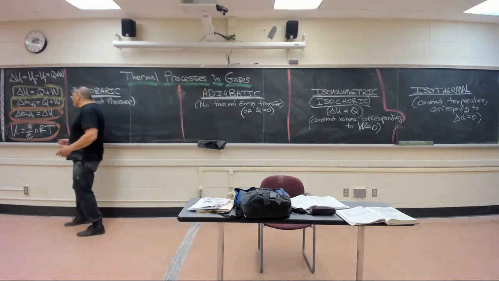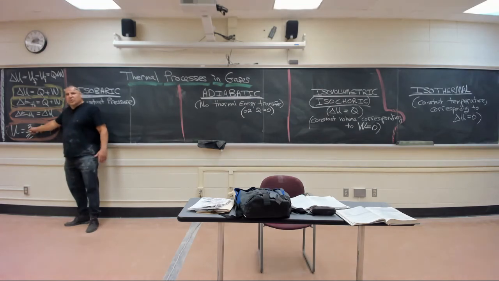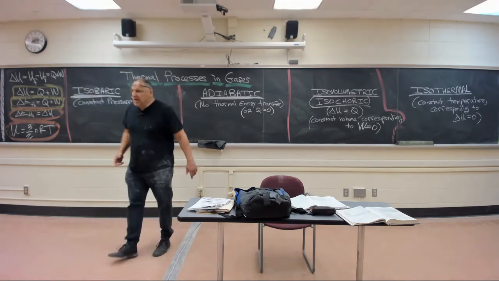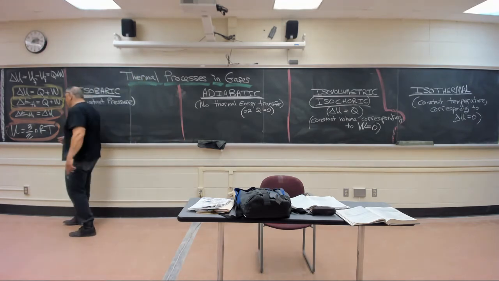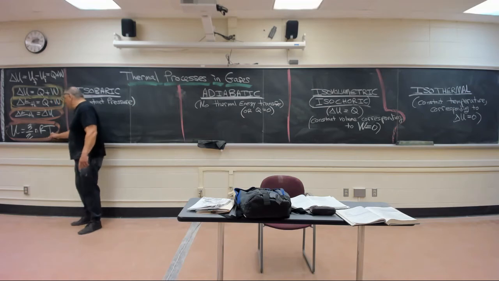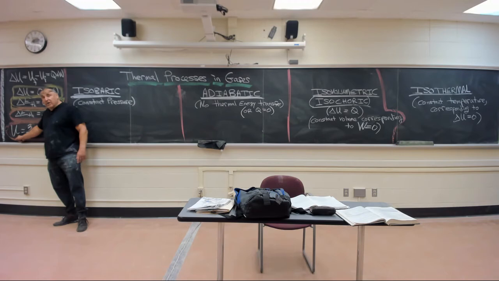1/2 NRT, but there's 3 of those degrees of freedom, so 3 times 1/2 NRT is 3/2 NRT. This is the internal energy of a monatomic gas. If you were to heat up this monatomic gas, make capital T a bigger number, the internal energy would be bigger.